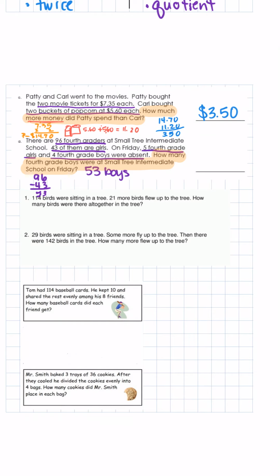We're just talking about boys. So we've already solved how many boys are in the class, and it says 5 of them were absent. So we want to subtract 5. Okay, how many fourth grade boys were at school on Friday? 48.